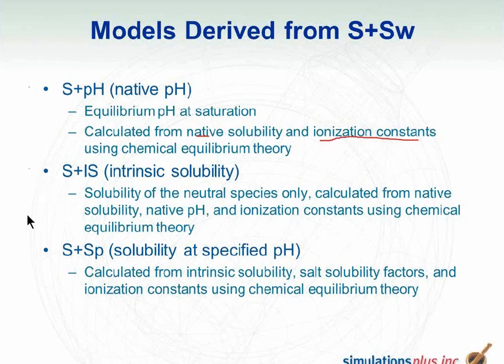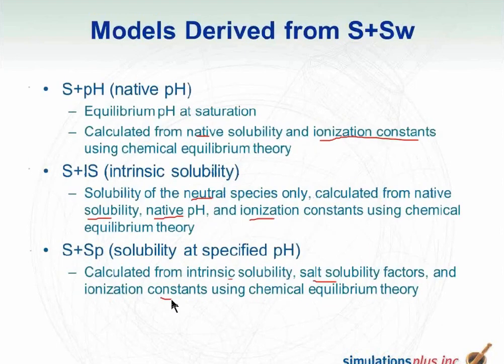Intrinsic solubility is also predicted. This is for the neutral species only, calculated from the native solubility, native pH, and ionization constants. And then finally, we have the solubility at a specific pH. This one is calculated from the intrinsic solubility, salt solubility factors, and ionization constants.